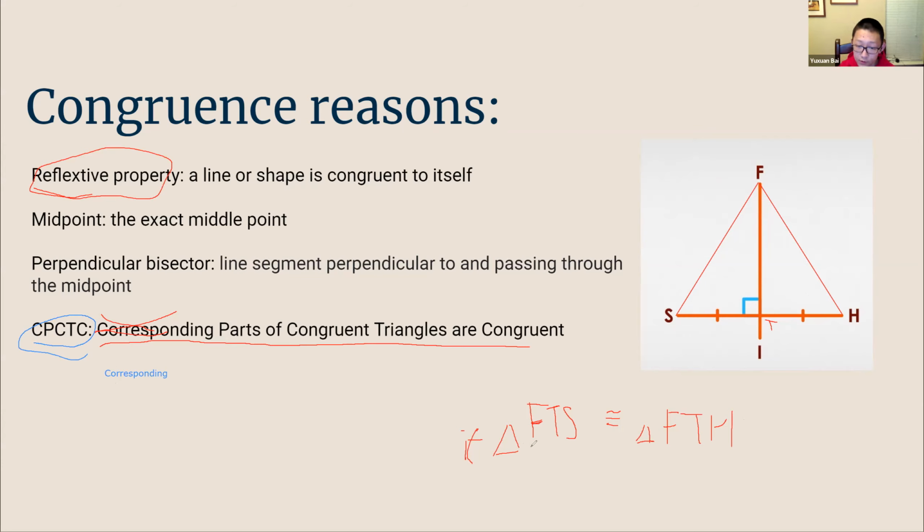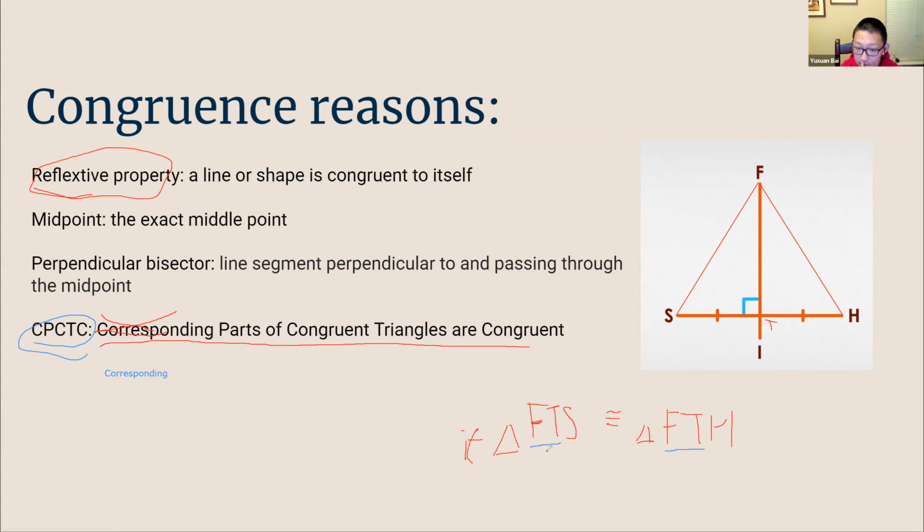If we look at the first two letters, FT, and the second two letters of this one, FT, we see that FT, this side, is corresponding to FT, the side of the other triangle. By CPCTC, they are congruent to itself. Now, here's where we can check that this theorem actually works and we're not just making this up.